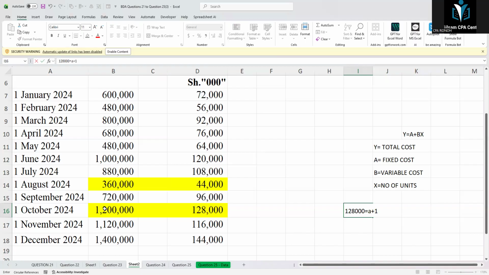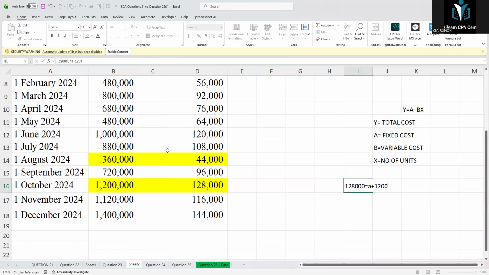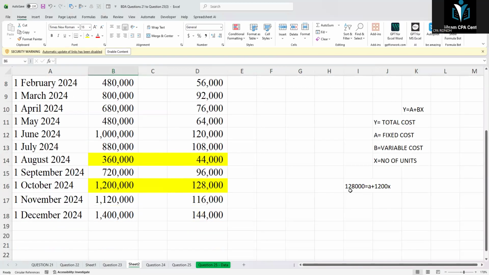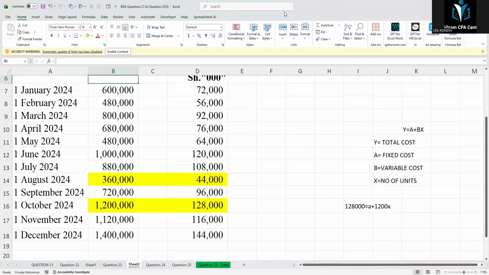It will be 1200x, because here we have cut 3 zeros. So 128,000 equals a plus 1200x. So that is the first equation.